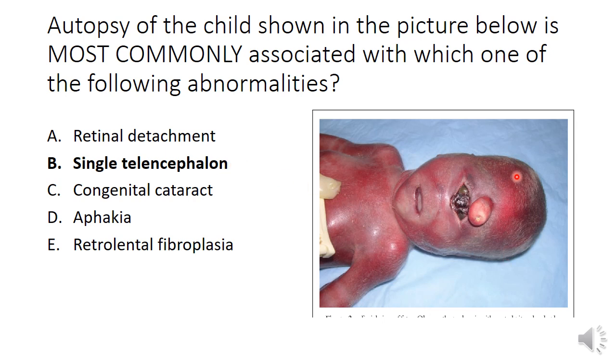You know that the telencephalon separates into two and forms the right and left cerebral hemispheres. So here there is a single telencephalon, which is called holoprosencephaly, in which there will be absence of the corpus callosum. This is one of the most commonly associated defects in the case of cyclops.